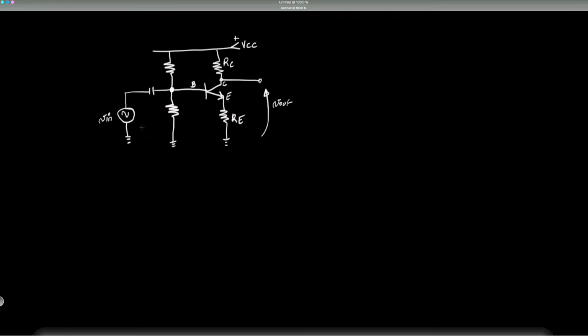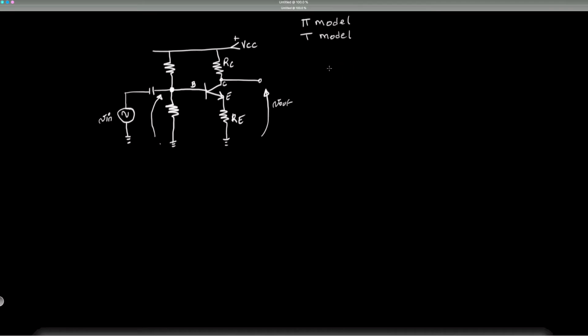Okay, so Vin, again, is considered in AC from this point to this point, so from ground to the base. So now, again, we want to know, what does the pi model look like and the T model look like?